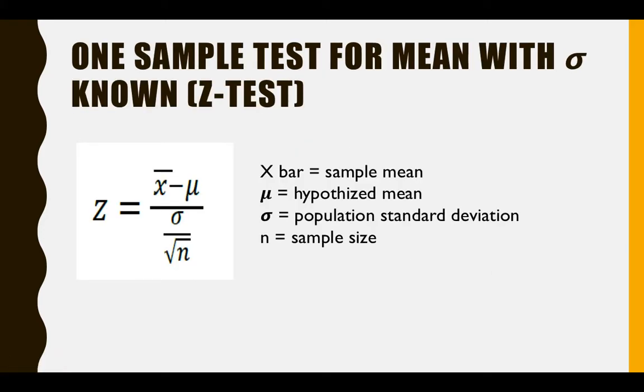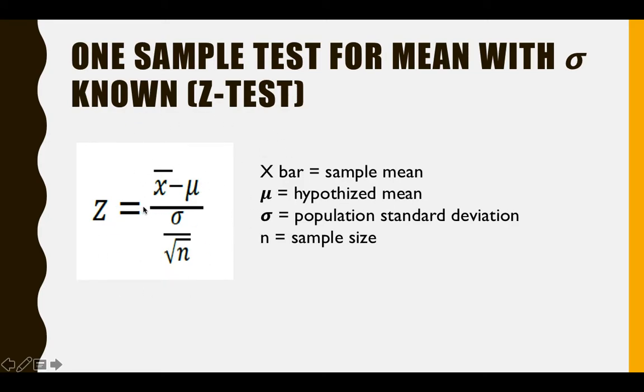Okay, the first test statistic is called a z-test. A z-test is used when the population standard deviation is known. If you are able to identify the population standard deviation, you should use the z-test. The formula for the z-test is given here.